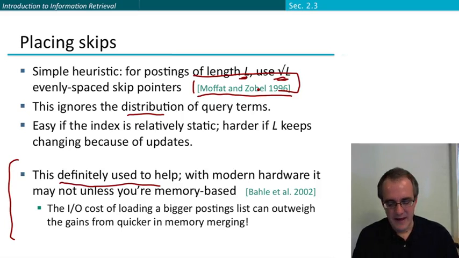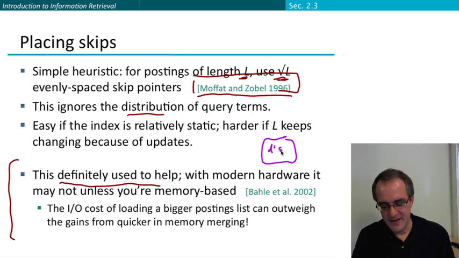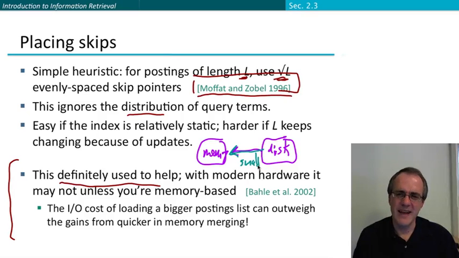A lot of the time, if you've got your postings lists on disk and you're going to be getting them into memory as a stream to satisfy your query, it turns out that the transfer of information from disk to memory is sufficiently slow that the number one determinant of performance is making the amount of information that's transferred as small as possible. And adding skip pointers increases the size of postings lists, even if only a little.